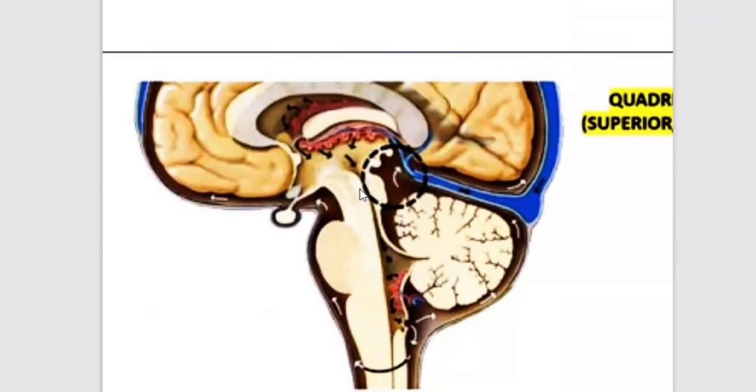Ma'am, it's where we have the crossing over of that nucleus. There we have a red nucleus. No, I want to know what is the corpus quadrigeminum, and why it is called the quadrigeminal cistern.